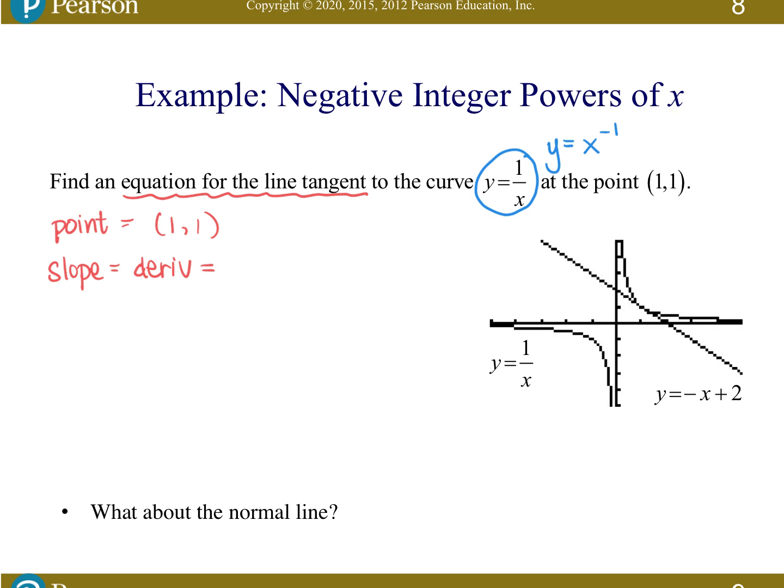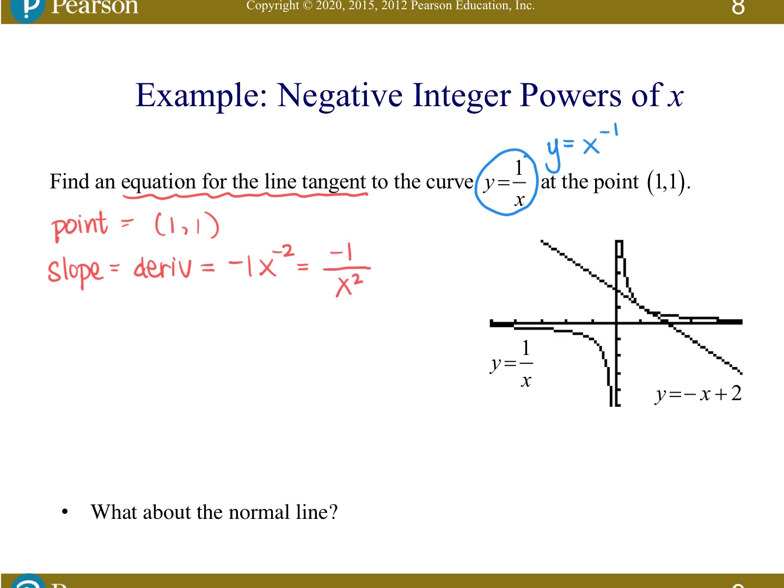So then I can move the negative 1 to the front of x, and I can lower the value to negative 2. Okay, I'm lowering it. It goes smaller than what it is. I subtract a 1. And then I want to turn that back into a numerator-denominator fraction. So the numerator would be negative 1.